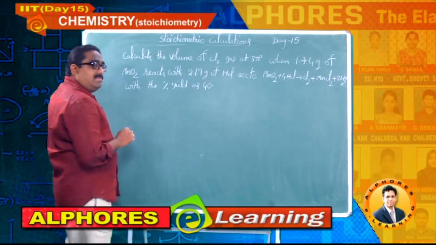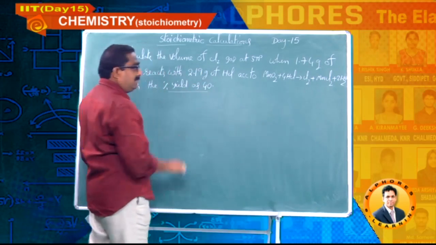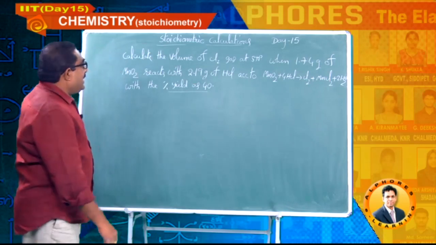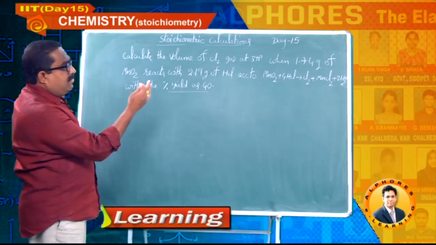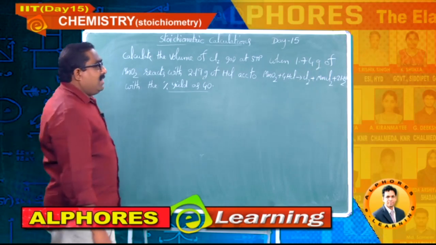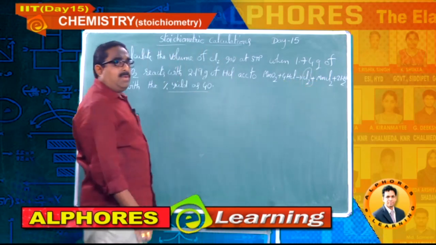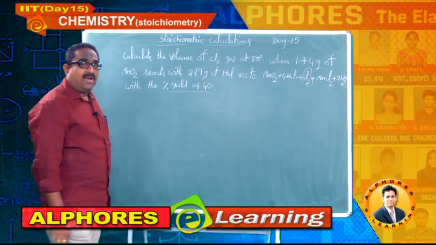This is the question. He has given the percentage yield also, and the amount of reactants involved in the reaction is given, and finally we have to calculate the volume of chlorine obtained in this process.